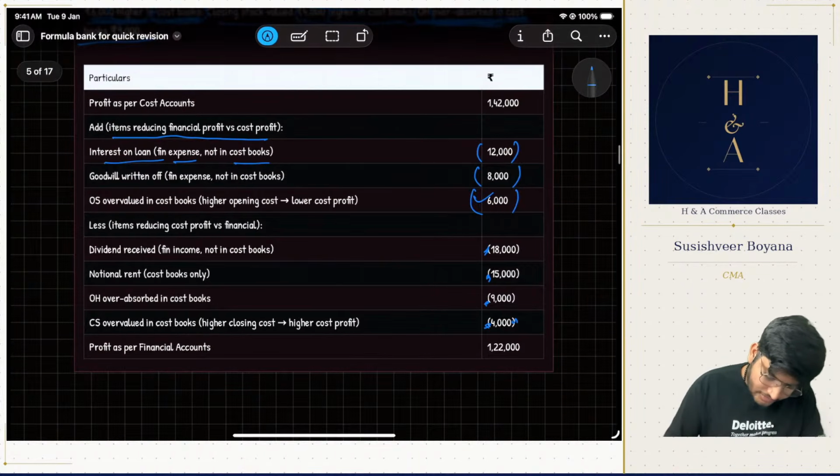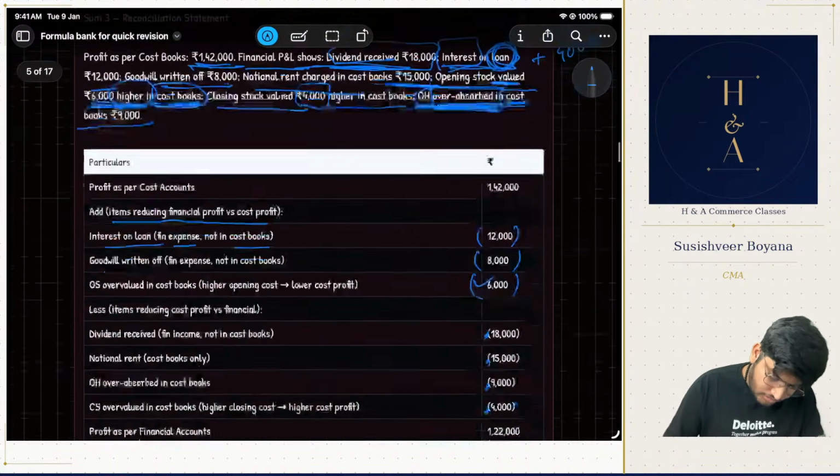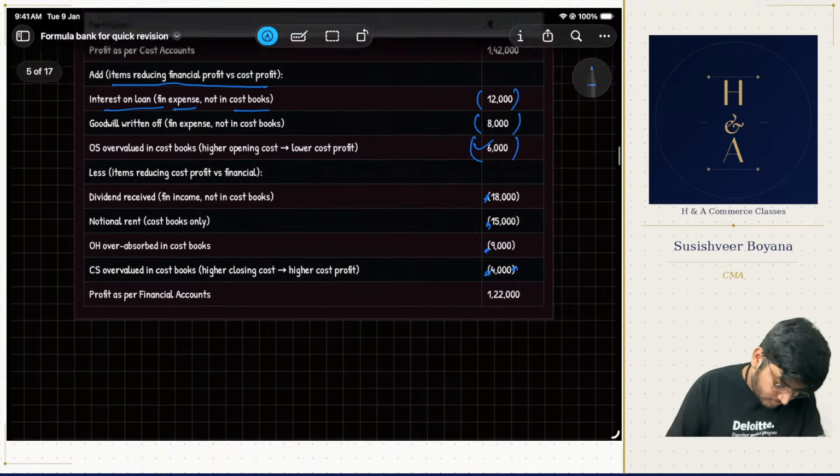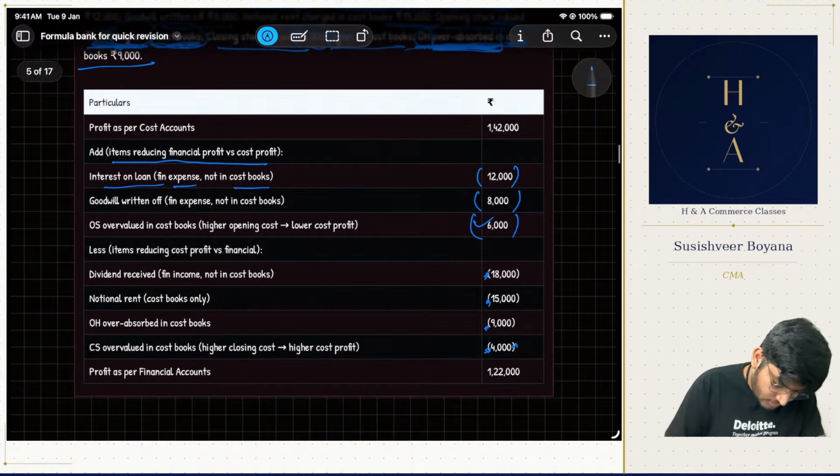The solution here given is wrong. All the signs are wrong. Items reducing costing profit. Dividend is not, so we should add it.